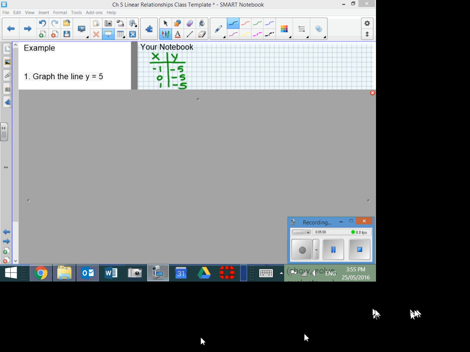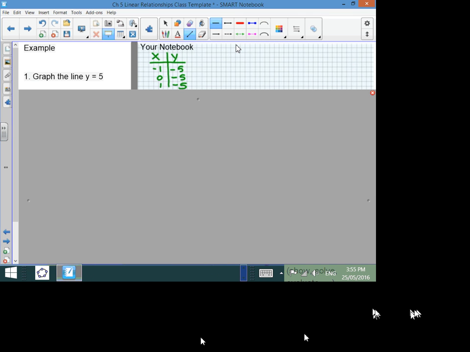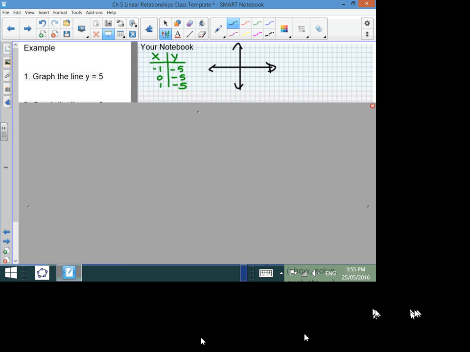If I go to graph, so let's go ahead and draw my graph. There we go. I've got my arrows. Okay. -1, -5. Let's use a different space. 1, 2, 3, 4, 5. 0, -5, 1, -5. I wind up with a horizontal line at -5.